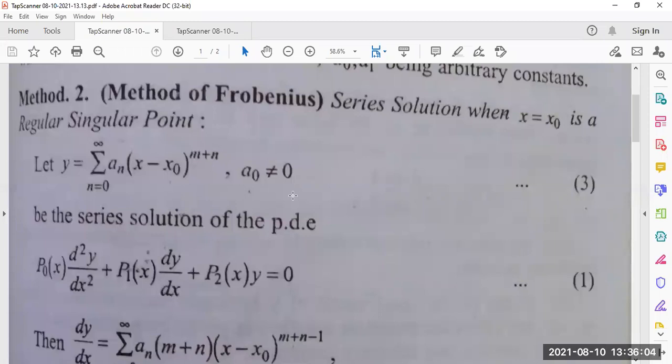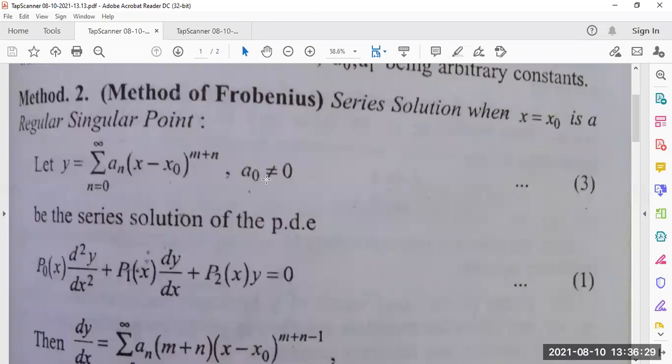Frobenius gave this series for the solution of an ordinary differential equation when x equal to x0 is a regular singular point. So here we have to let y equal to summation n equal to 0 to infinity a_n (x minus x0) to the power m plus n, where a0 not equal to 0.